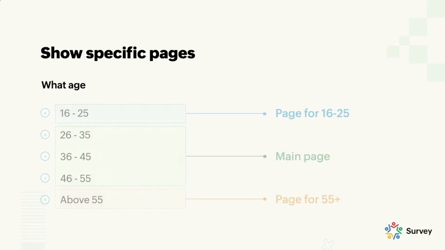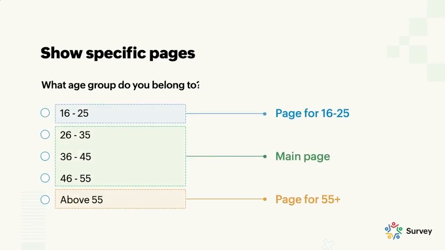And also it helps you show specific pages to your respondents. So let's say Coffee and Mugs has a particular set of questions specifically for people in the age group 16 to 25. And also another set of questions for people above 55.